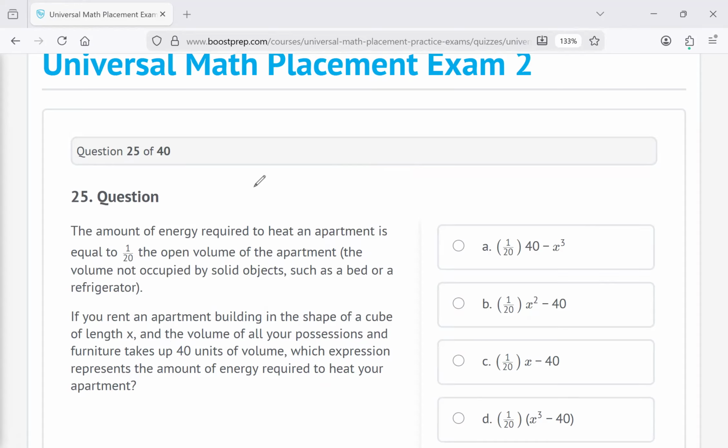So what we'll do is we'll come up with an equation. Let's do V naught, the open volume, equals VT, and VT means total volume, minus VP, which represents the possessions.